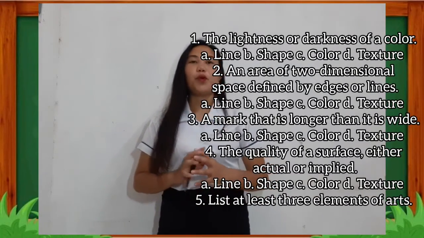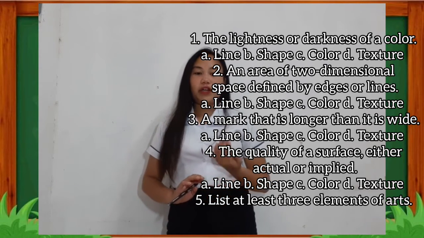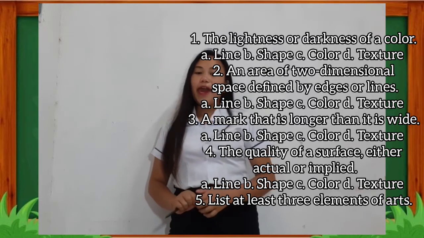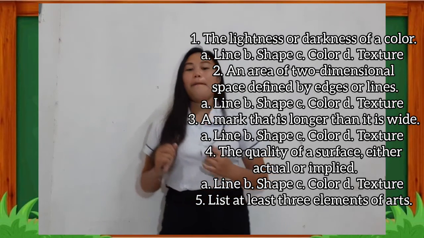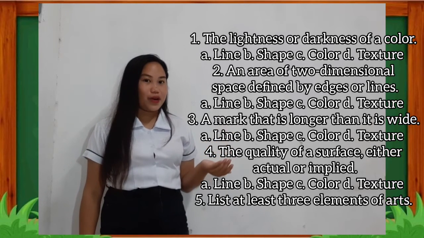Get your paper and your ball pen. So number one is the lightness or darkness of color. A. Line. B. Shape. C. Color.